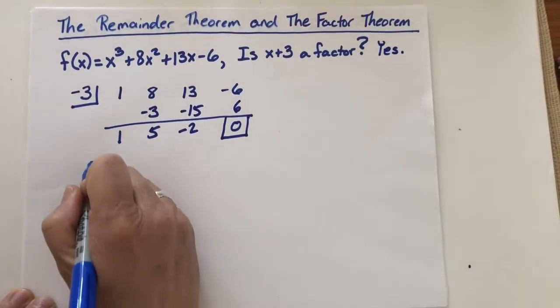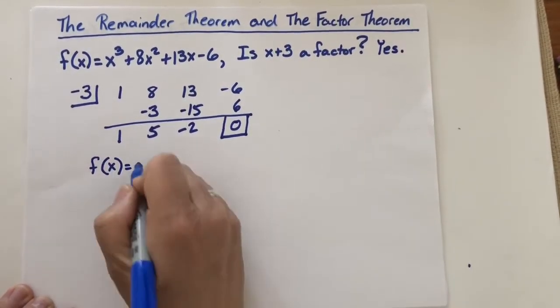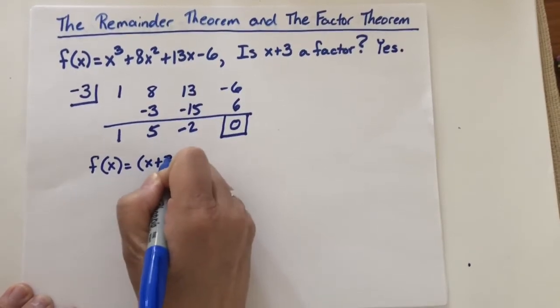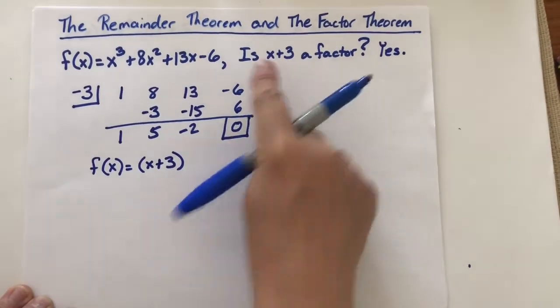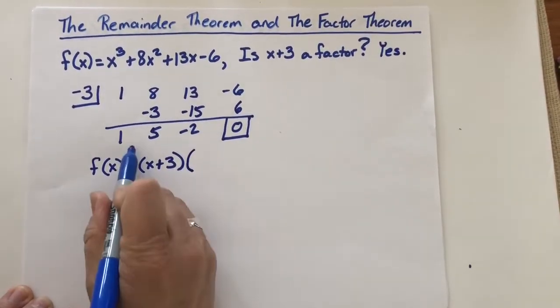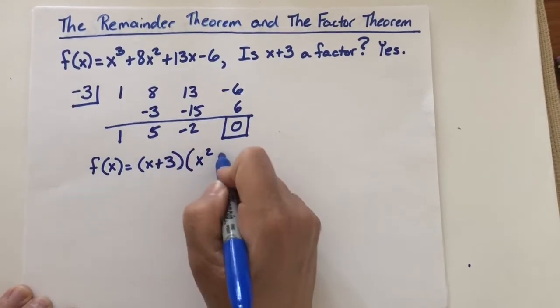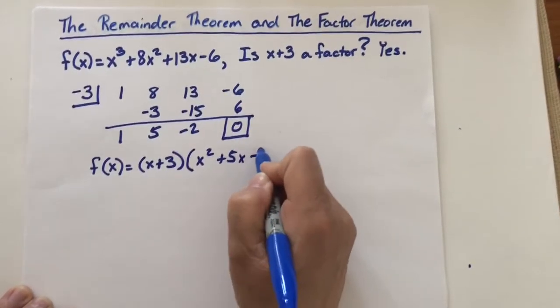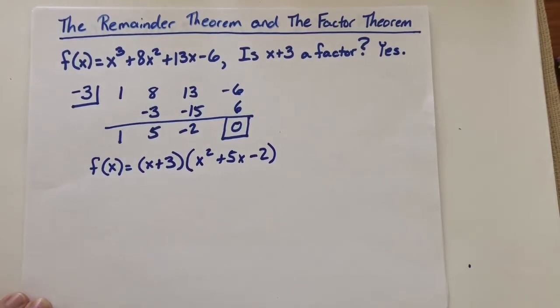In fact, we could specifically write f of x equals x plus 3, right? x minus negative 3, or this x plus 3, times 1x squared plus 5x minus 2. And I want to point out one more thing.